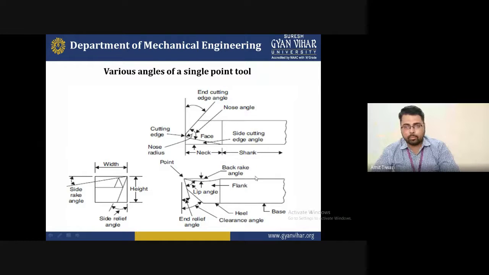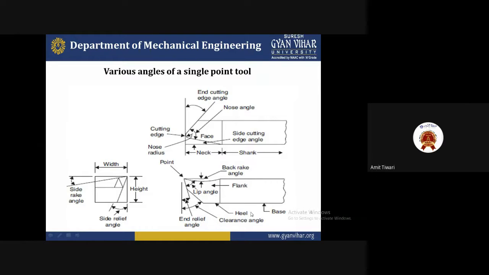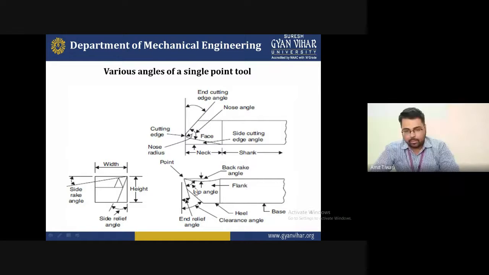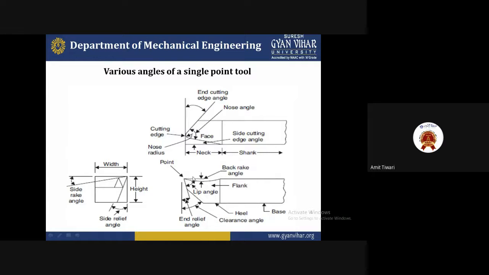At the other end, the front portion, you can see in this diagram, is the lip angle. It is related to how much the cutting edge of the tool is worn. We can calculate it by the lip angle, and you can identify the initial portion before starting the machining and after the end of the machining.